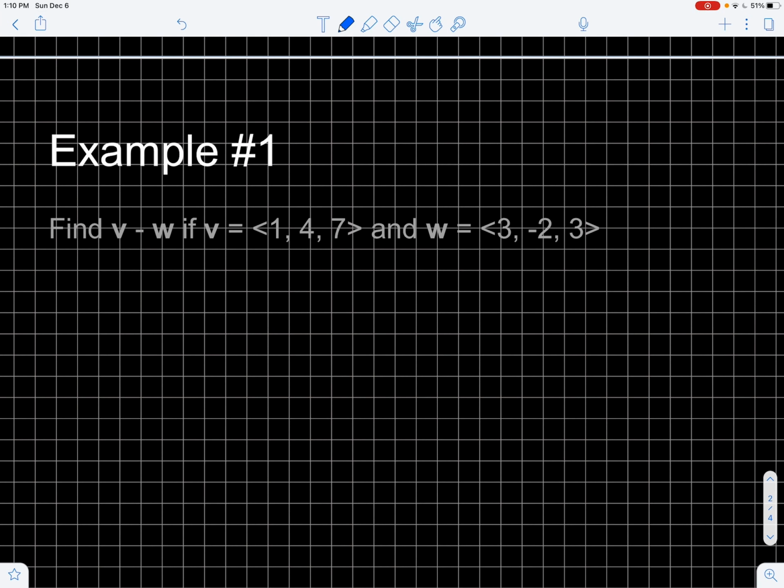All right, example problem. Find the vector v minus w, where vector v equals 1, 4, 7, and vector w equals 3, negative 2, 3.